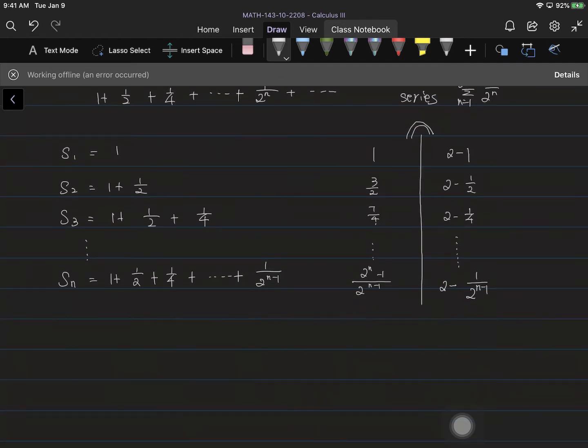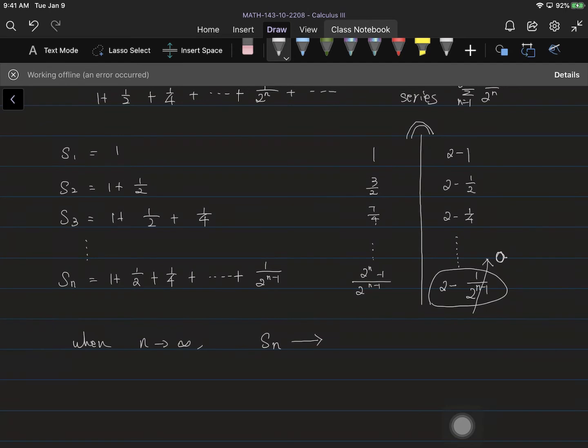Let's see. When n goes to infinity, what does the partial sum go to? Partial sum, let's see, Sn. We can take a look at the last sum, which is Sn, right? When n goes to infinity, 1 over 2 to the n minus 1 goes to 0. Because the denominator goes to infinity, the whole thing goes to 0.